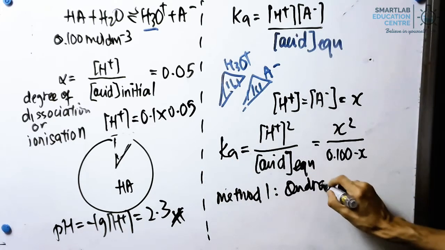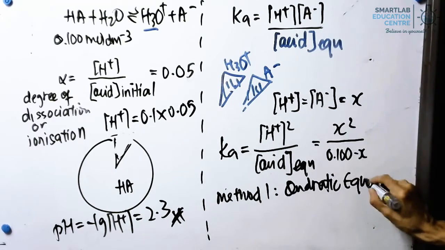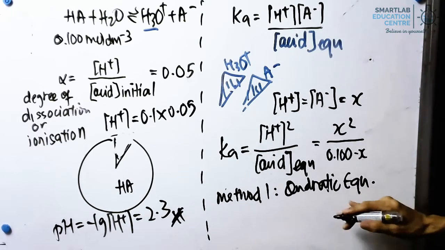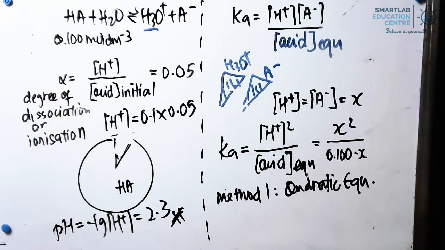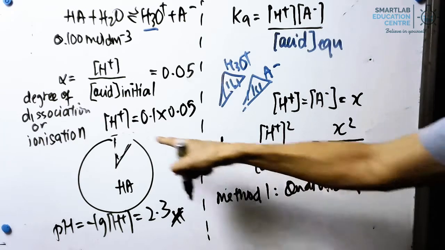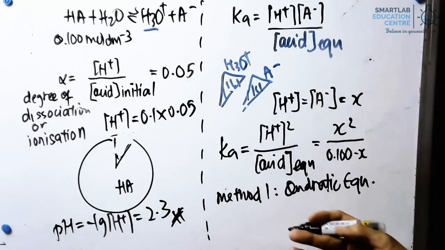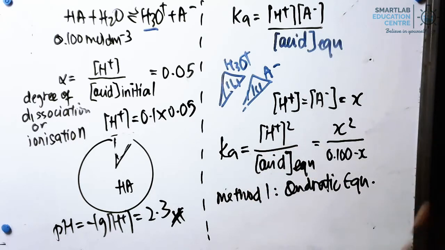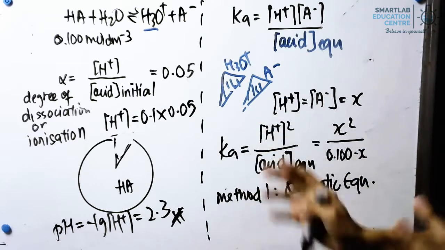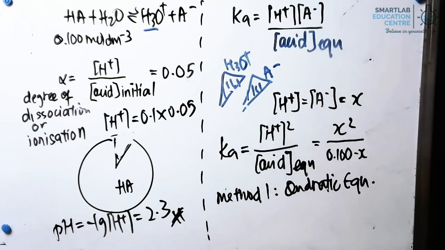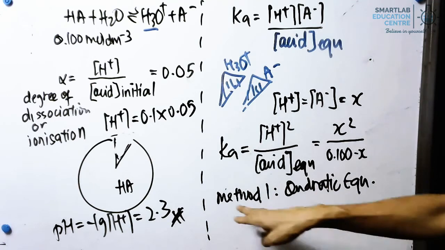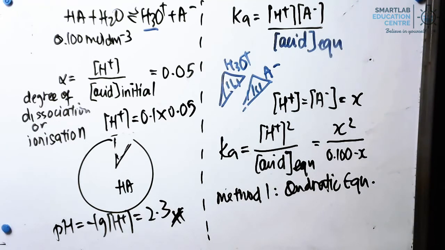This is deemed to be the more accurate method, and you typically use it when your dissociation is pretty high, which is more than 1%. Based on our numerical analysis, we have found that if Ka is 10 to the power of minus 4 or larger, then you definitely have to use method 1.